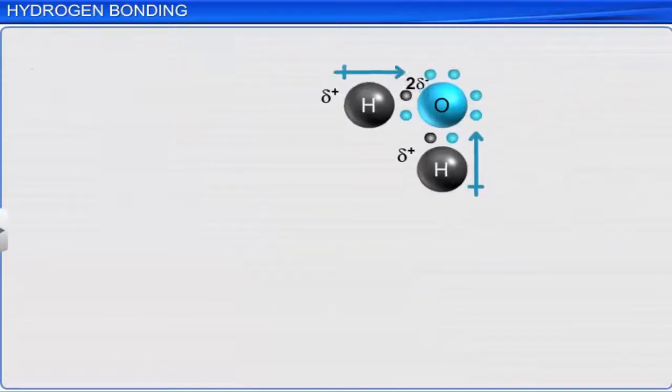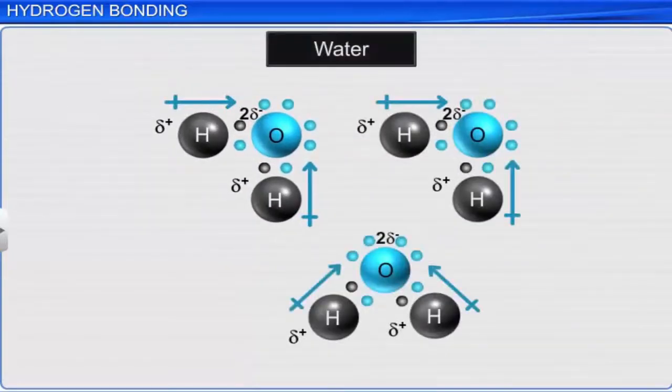When a number of molecules of these compounds are present together, the partial positively charged hydrogen atom of one molecule is attracted to the partial negatively charged electronegative atom of another molecule. This weak electrostatic process of attraction is called a hydrogen bond, which is weaker than a covalent bond.